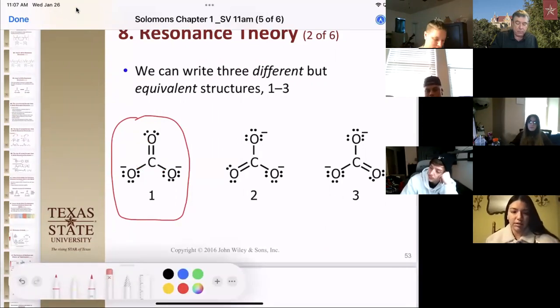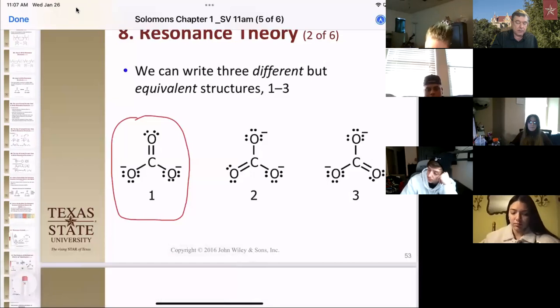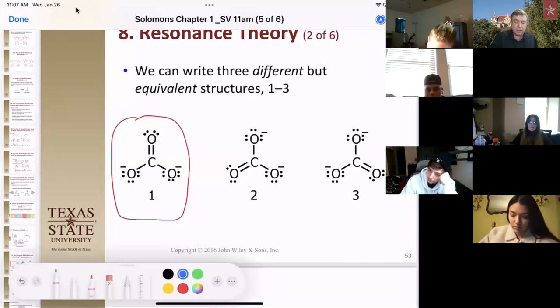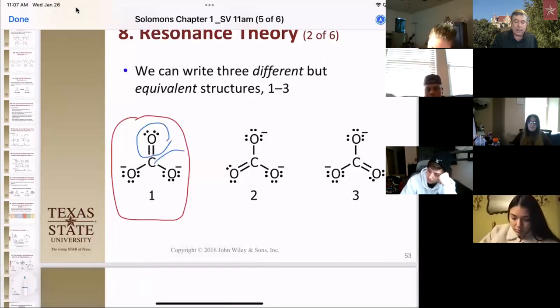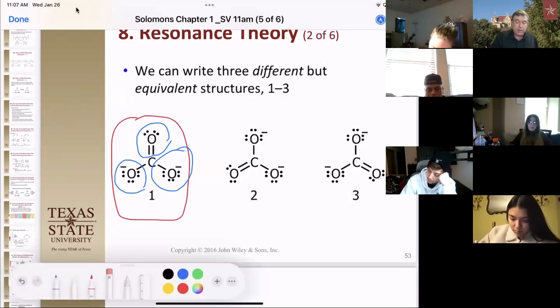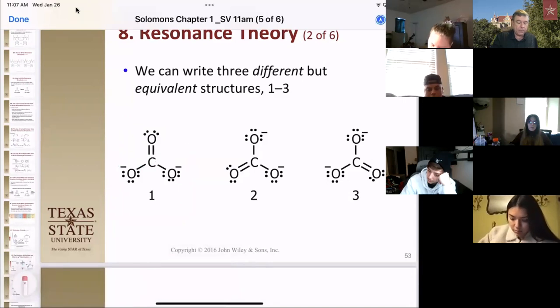And if we look at each oxygen, there's 8 electrons around that oxygen, 8 electrons around that oxygen, and 8 electrons around that oxygen. So that means we have a valid dot structure, and we can look at our formal charge.